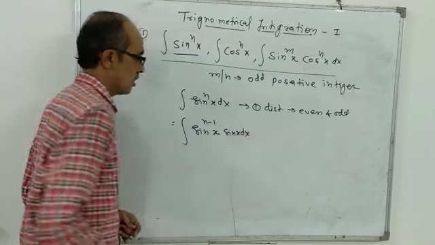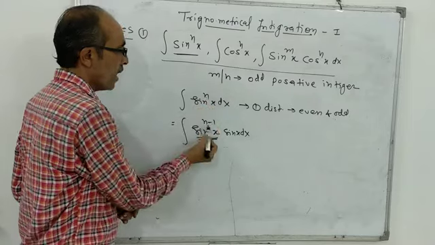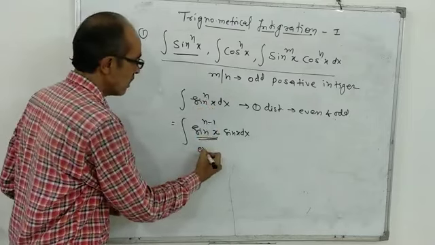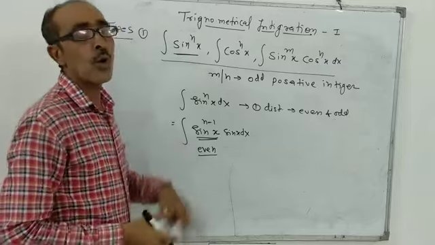Because n is odd, n minus 1 is even, so this even part we can write in terms of cos x.